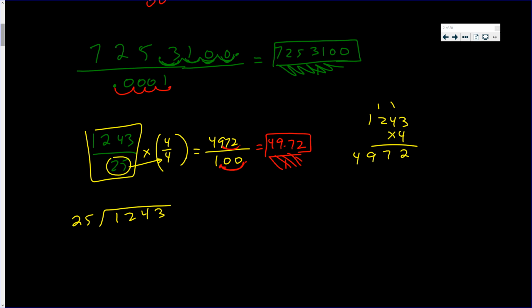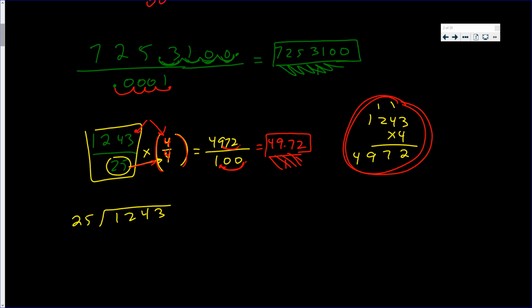So this problem was just multiplying 1243 by 4. Of course, you had to realize 25 times 4 was 100. Else you would have no motivation to write 4 over 4. But you should know 25 times 4 is 100. So I would just do this versus moving the decimals, versus doing this.